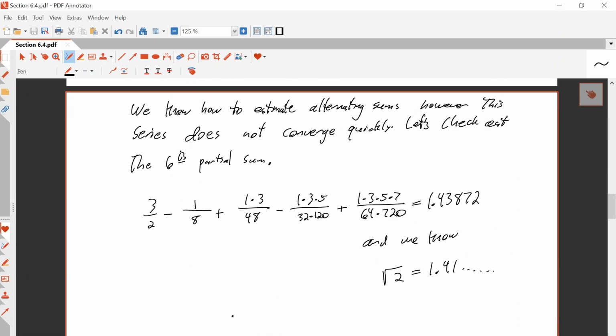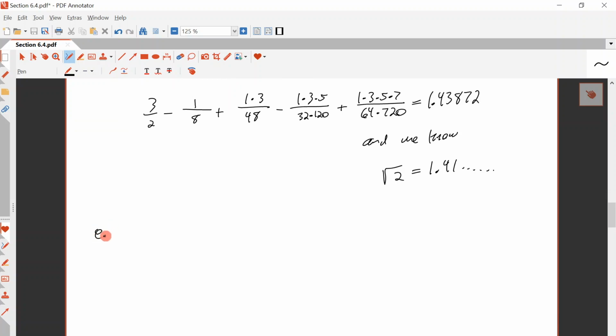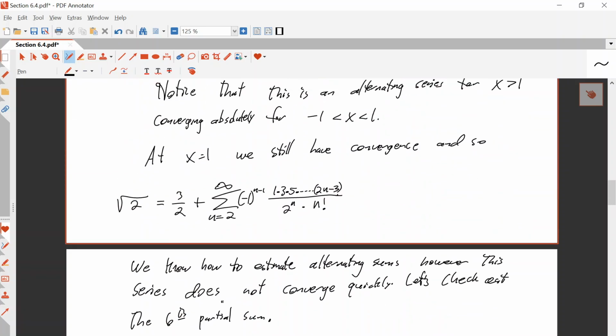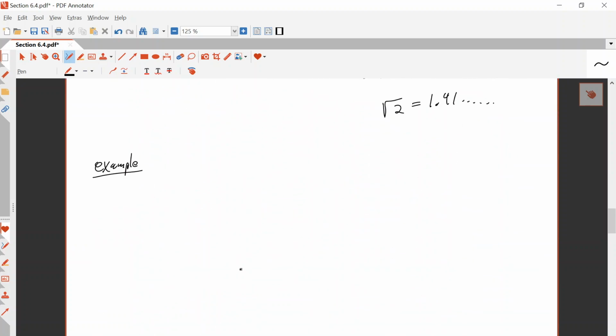Okay. Another example. How about just the square root of x itself?